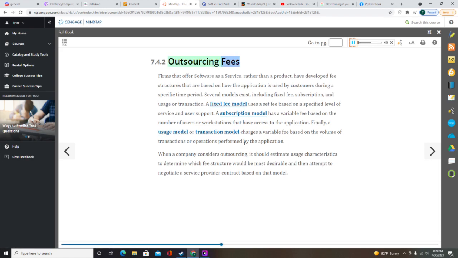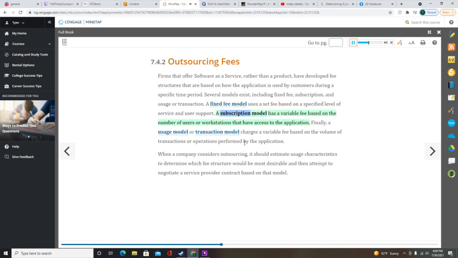Outsourcing fees. Firms that offer software as a service, rather than a product, have developed fee structures that are based on how the application is used by customers during a specific time period. Several models exist, including fixed fee, subscription, and usage or transaction. A fixed fee model uses a set fee based on a specified level of service and user support.